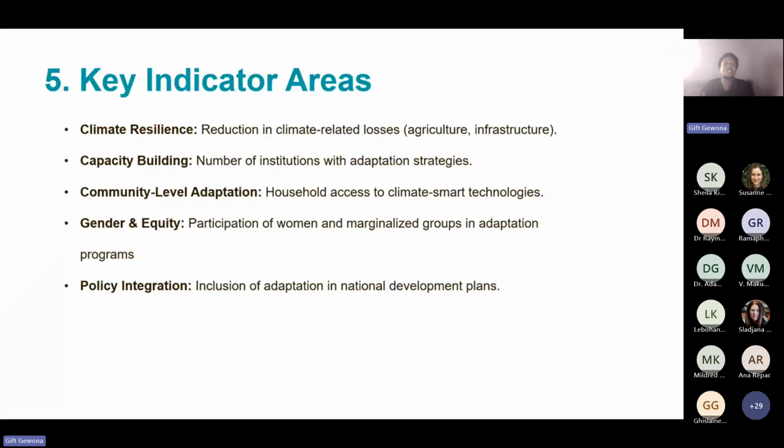Then we have community level adaptation, including household access to climate smart technologies. Nowadays we're talking about climate smart agriculture, and also looking at indigenous knowledge that is helpful in adaptation. Also there is the issue of gender, how women and marginalized groups are participating in adaptation programs, and also those that deal with policy integration, for example inclusion of adaptation in national development plans, etc.